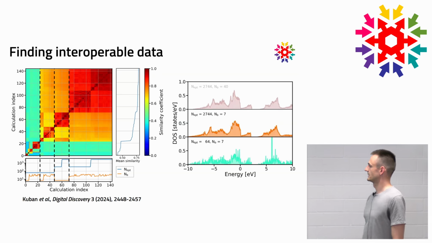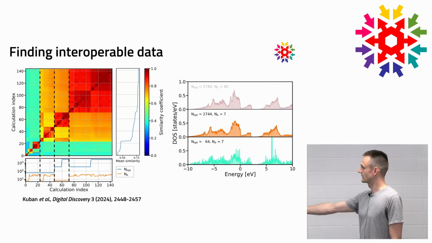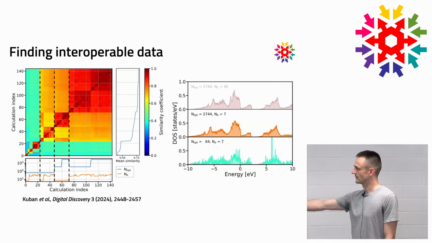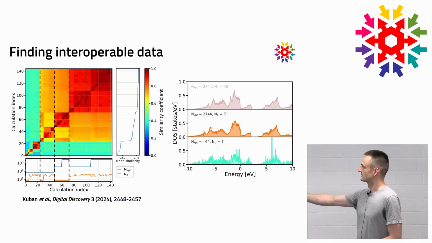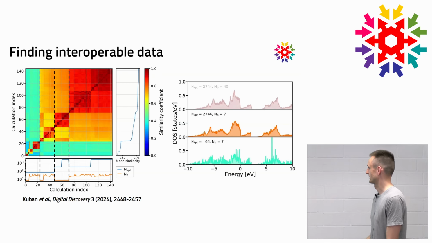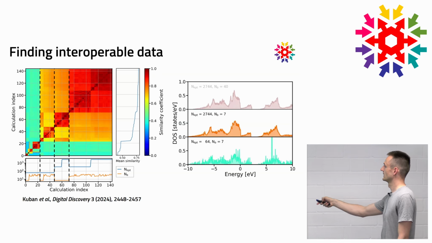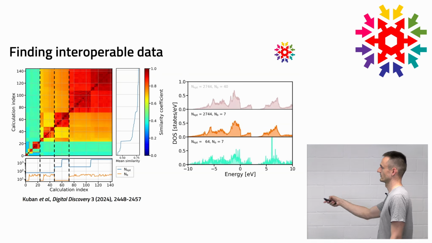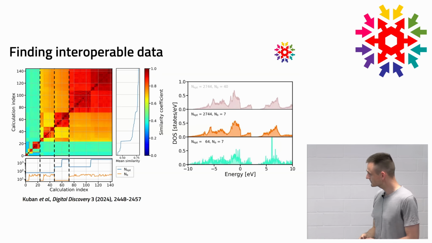Okay, so let's take a look at the next block. If we look at the data, we find that here all calculations use very few basis functions, but they might use any other value of possible k-points. So we see this block is highly similar to itself, but it's also not very similar to the rest of them. And you see this calculation is already much more smooth. Here I chose the one with the highest number of k-points, and it almost looks like a real spectrum.